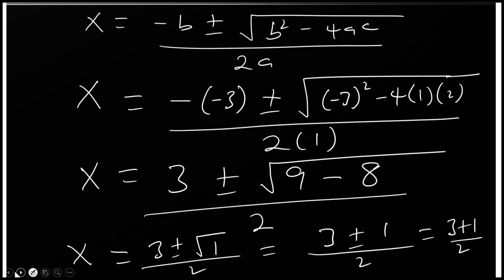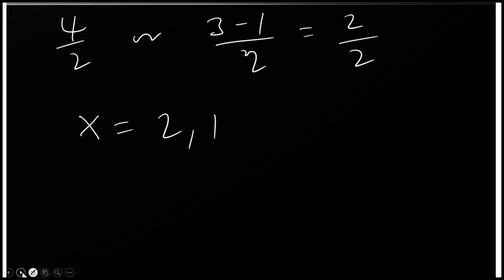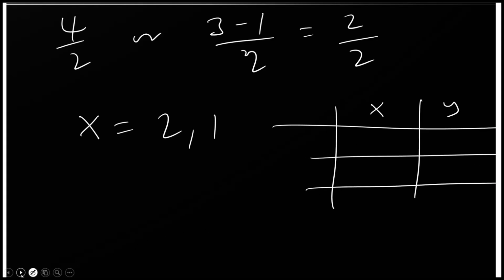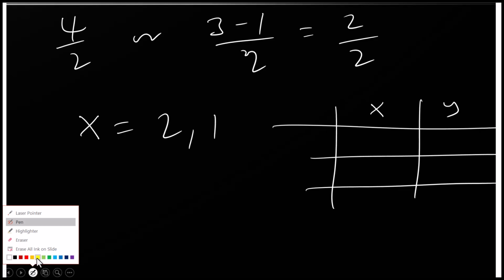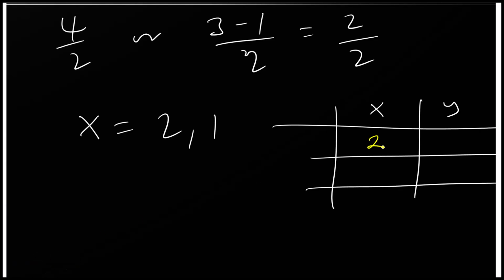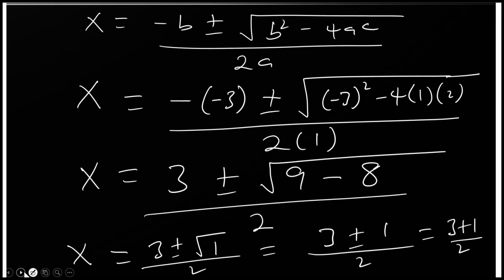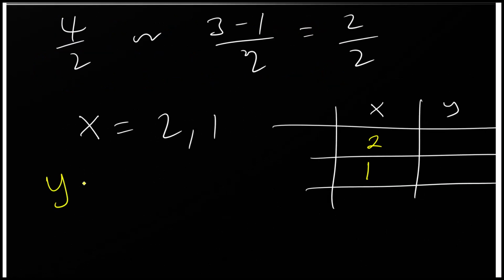Remember, we had to solve for x and y. So we have 2, we have 1. So when x is 2, y would be, so let's bring back y equals 3 minus x.